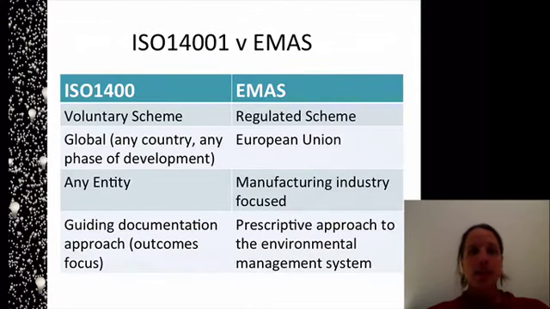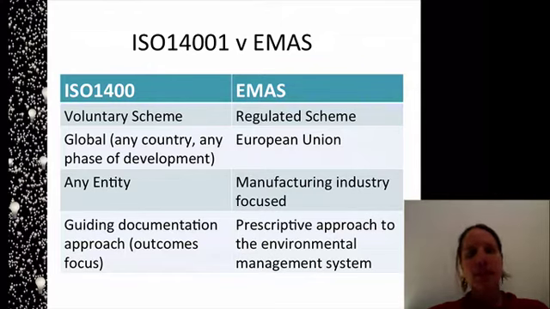So the differences or similarities between ISO 14001 and the EMAS system is that ISO 14001 is really a voluntary scheme, whereas with EMAS it's a regulated scheme and it's only in Europe. The ISO 14001 is a global scheme, so any country, at any phase of development, and any entity as well.